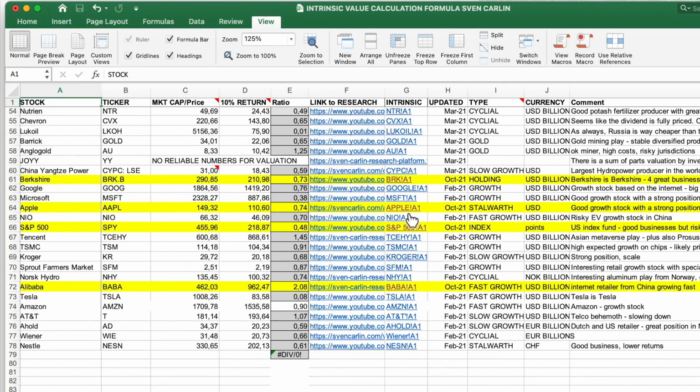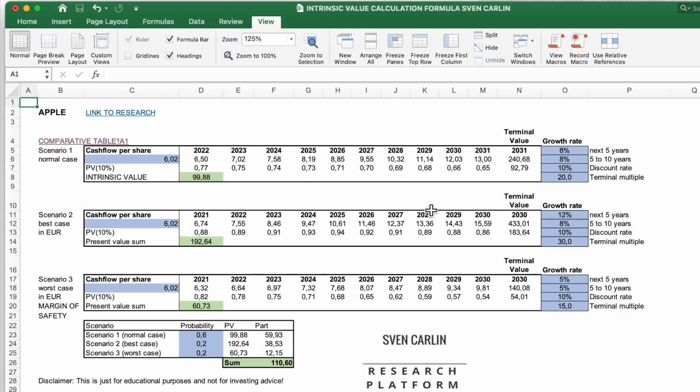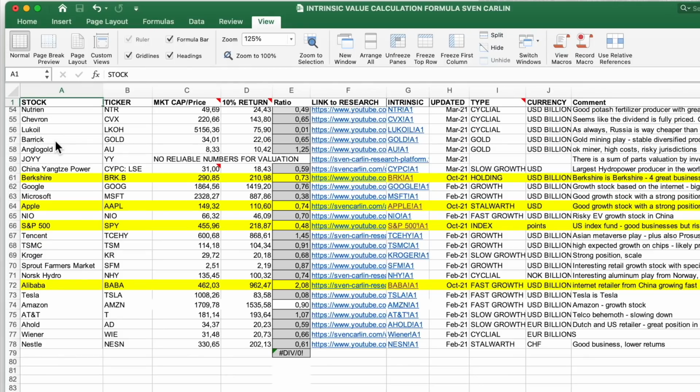Apple, depending on how you value it, it's also a 7% return, likely good growth there, depending also on the terminal multiple the market gives it. So that's the valuation. Maybe you can wait for lower prices, but see how the risk reward fits you.